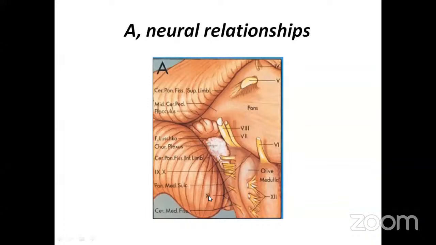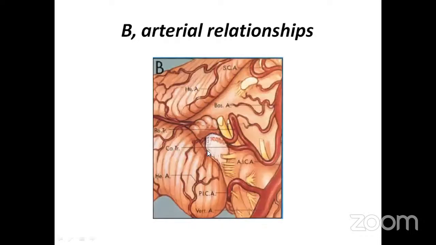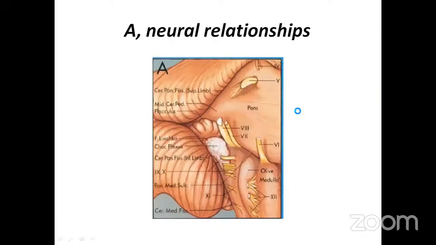This is the cerebellum, this is the medulla, the cerebellomedullary fissure that extends superiorly, and it communicates with the inferior limb of the cerebellopontine fissure at the foramen of Luschka. This is the ninth, that is the glossopharyngeal, vagus, and accessory nerve. This is the hypoglossal nerve.